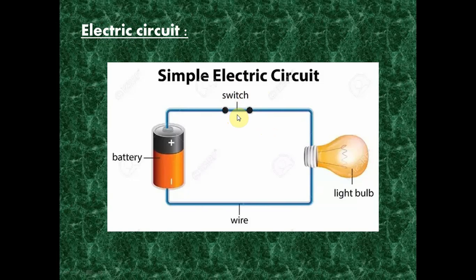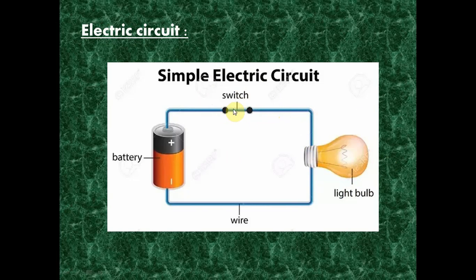How? When the electricity comes out of the battery, it moves inside the wires, and when it reaches this point, this switch is closed, so it can move through it and reach the other side of the wires to go to the device or the lamp and make it work.